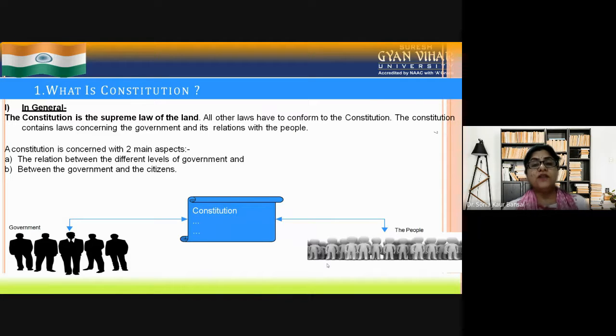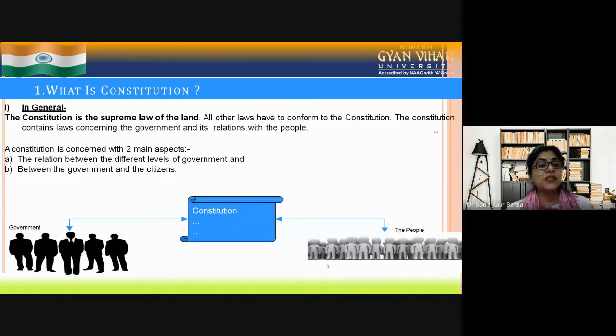Whatever the government is preparing, whatever the policies, whatever the new things, it should be according to the constitution. So the constitution contains laws concerning the government and its relationship with the people. You can see in the picture also, one side is the government and one side is the people. And the government can reach the people only through constitutional laws.